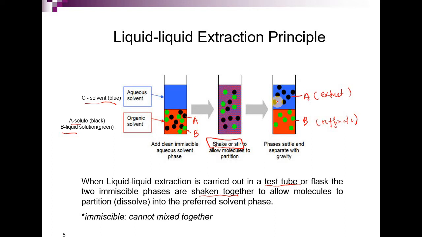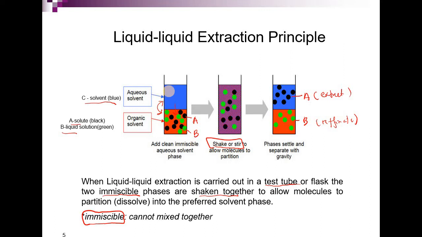Okay, so what is immiscible? Immiscible is a situation where the two liquids cannot mix together. So the immiscible case here refers to these two solvents, meaning the feed cannot be dissolved or mixed with the solvent, only the solute will transfer.